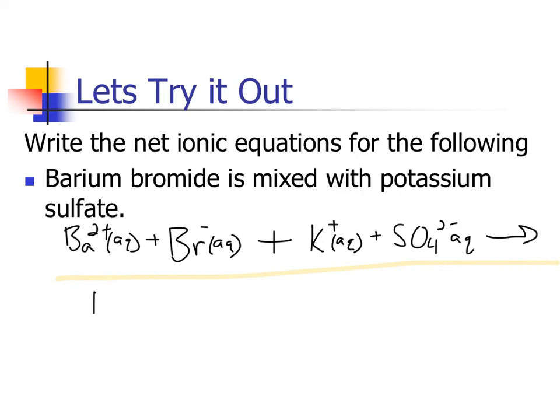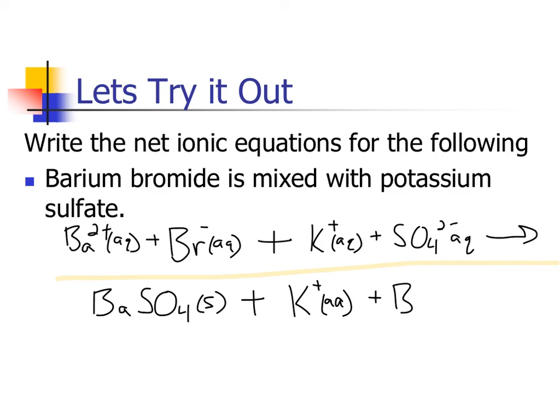And so barium and sulfate make an insoluble salt, and they both have 2s on there. And so we can see how that works is that they will have that barium sulfate solid, and then potassium, what that was dancing with sulfate earlier, is now going to be dancing with bromine.